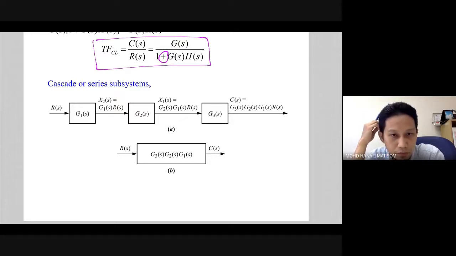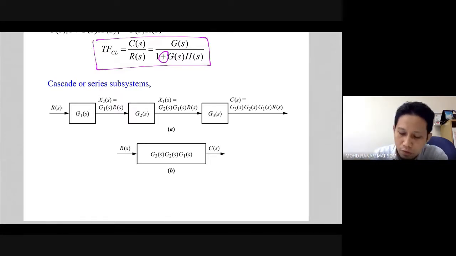cascade or series subsystem. In this case, we have 3 subsystems. We have G1, G2, G3, and our input is R(s). So in this case, it is in series, or we can say in cascade. The output of the first one, we call it X2, equals G1(s)R(s).